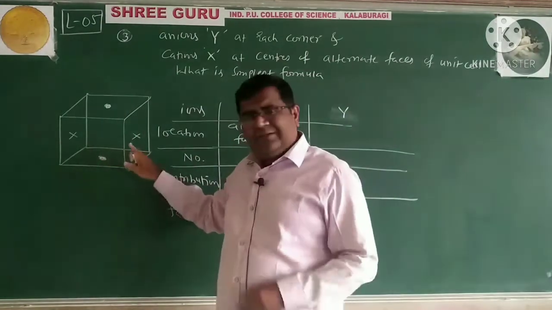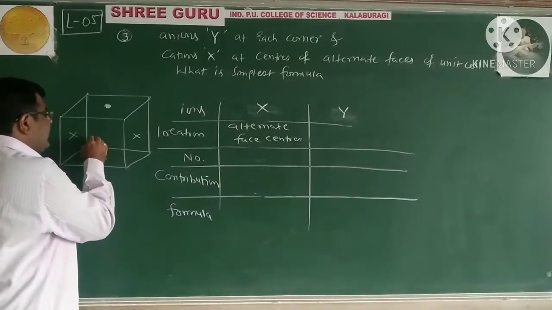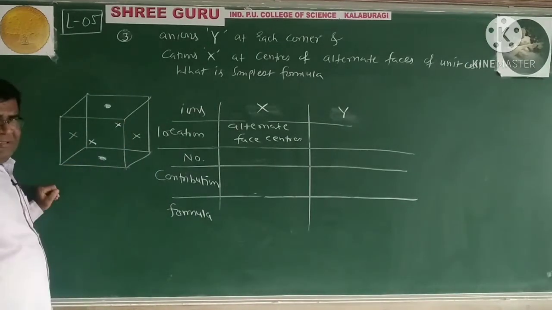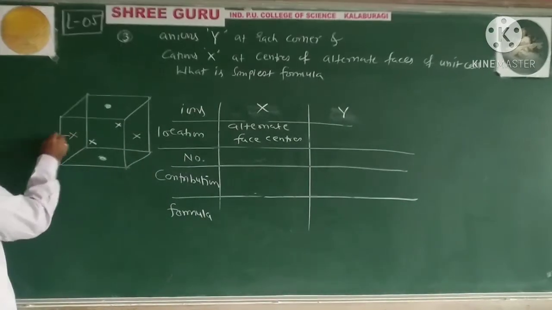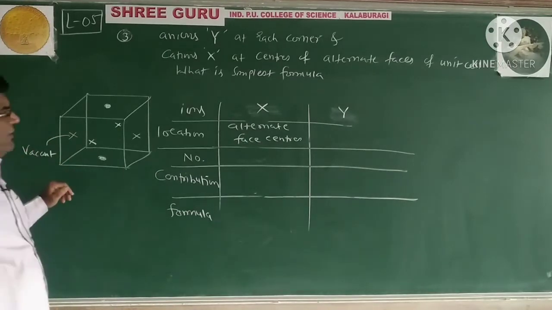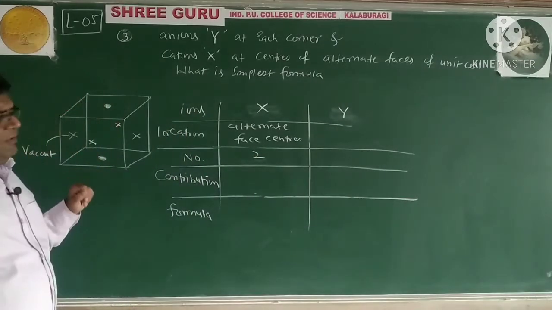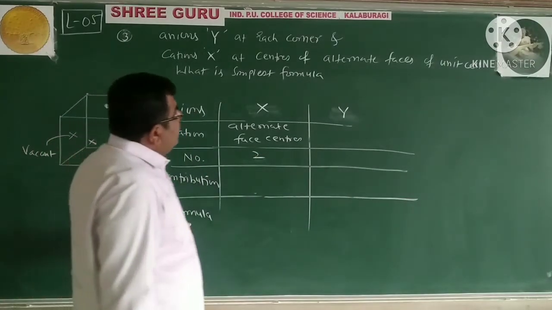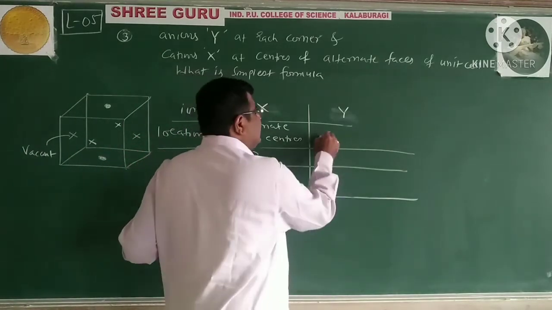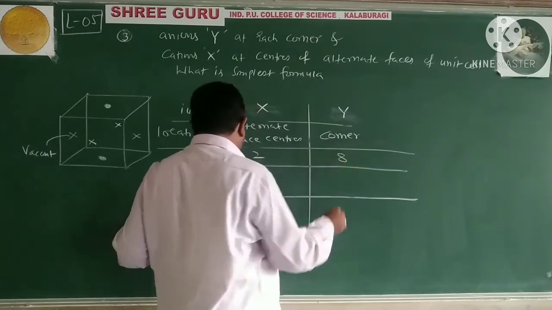Left and right should be vacant, as well as the front and rear. This cross means vacant. So we can say that there are only two in number, these alternate phase centers. This Y is present at corners, and there is no missing part here, so they are 8 in number.